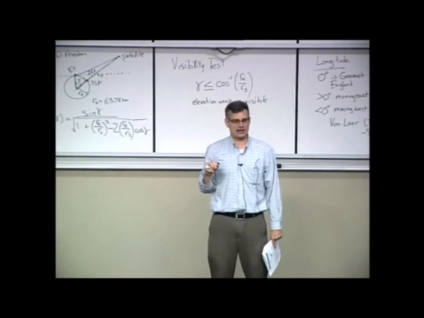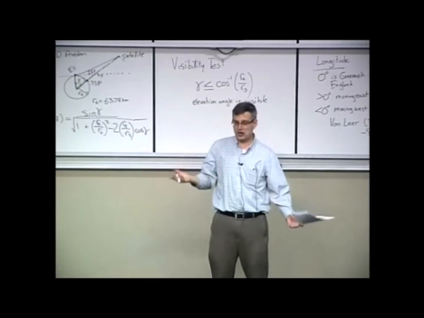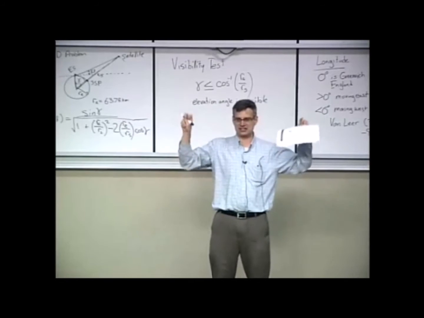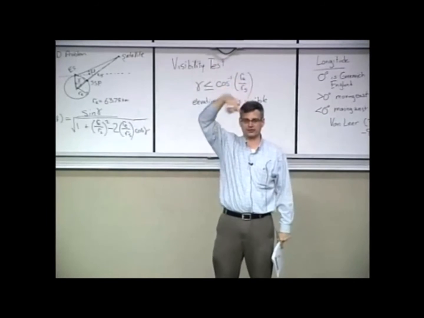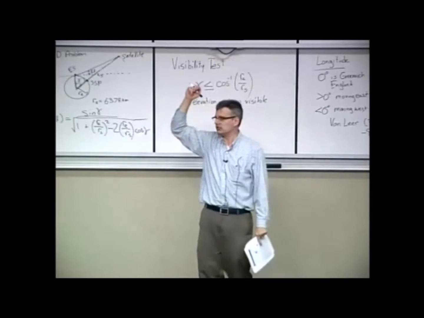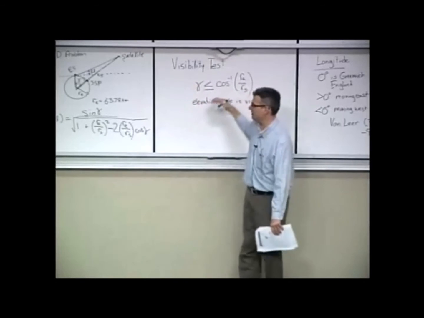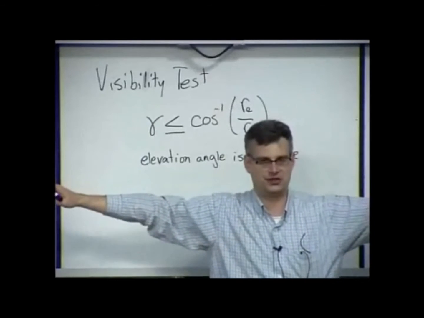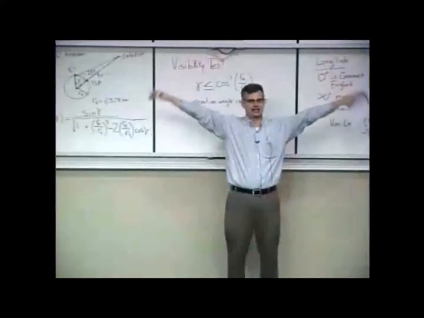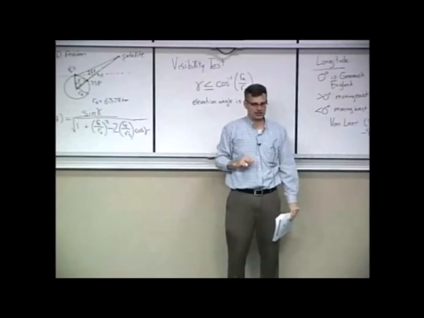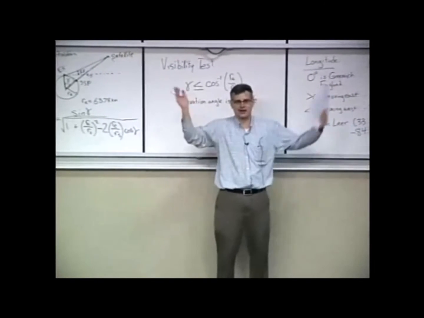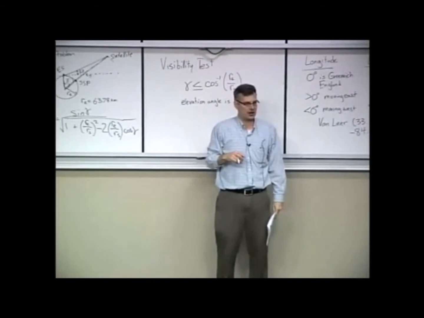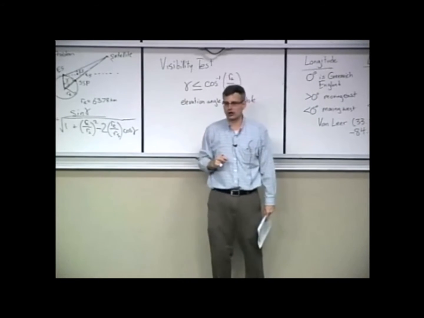But down on the horizon, there may be too much atmospheric attenuation in your signal to actually see the satellite, which would otherwise be audible if it was up overhead. So this is really just a geometrical visibility test. If I lived on a flat Earth out in the desert, is my satellite going to be above or below the horizon? If it's below the horizon, it doesn't matter how many mountains or what terrain you have, it's not going to be visible.